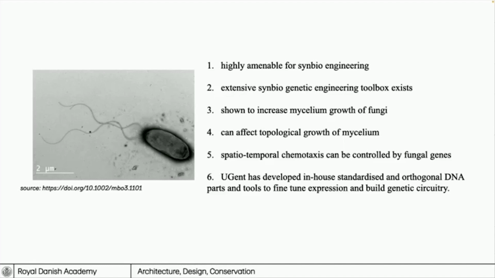So this affecting of the topological growth, there's also a relationship to having a spatial temporal chemotaxis that can be controlled by fungal genes. And that really talks about an idea that these two partners in co-cultivation are in conversation with each other.